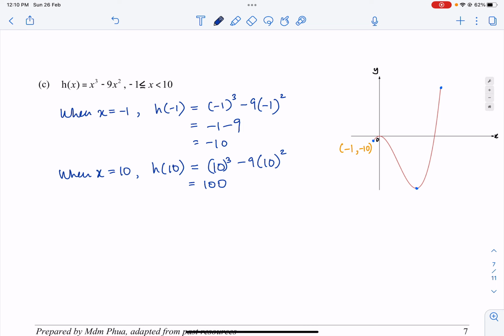I noticed that from the graph there's this minimum point, and it occurs when x is equal to 6 if you use Desmos to check. And it will give you the y value of -108.